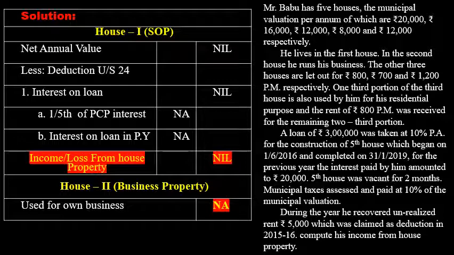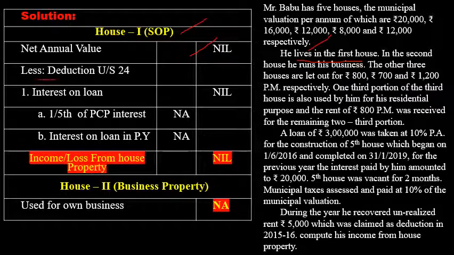The first house is used by him for residential purposes. He lives in the first house, so it is a self-occupied property, and we will assess it as per the provision of self-occupied property. It always starts from a net annual value, which is nil.